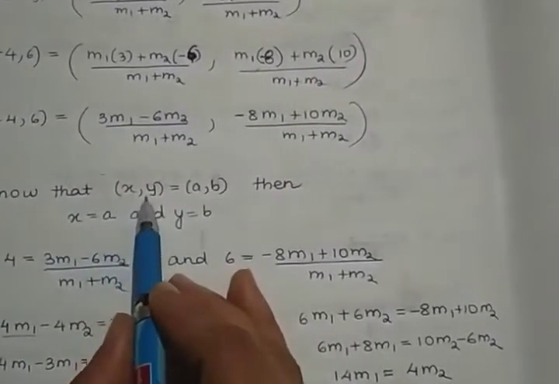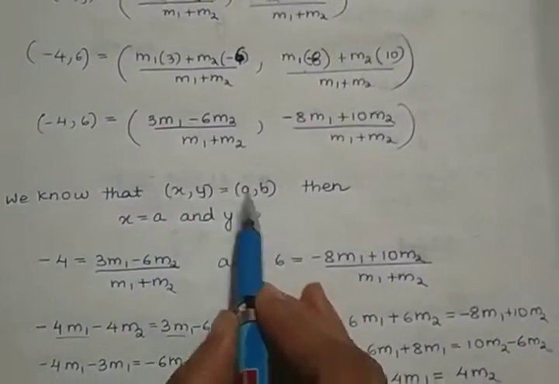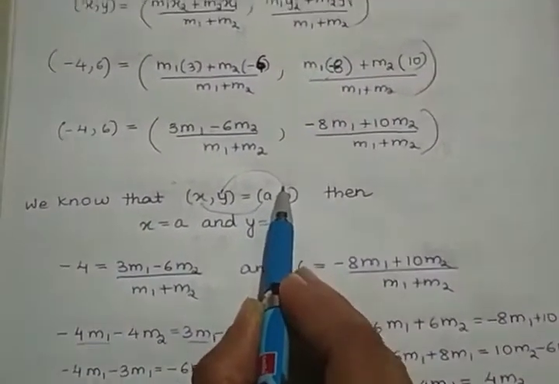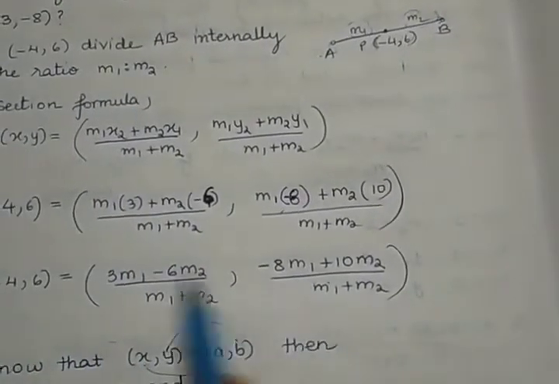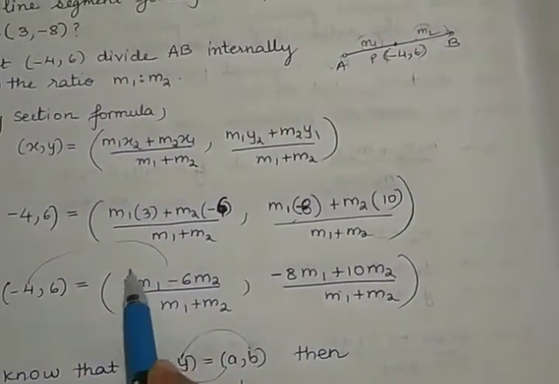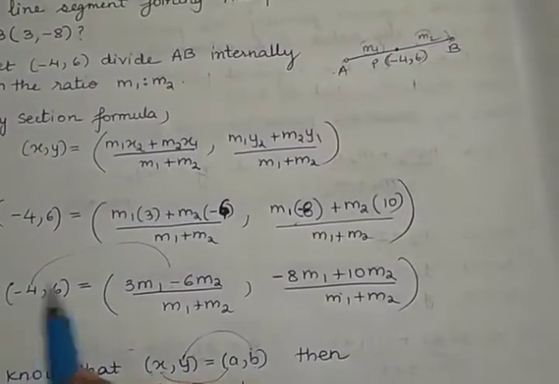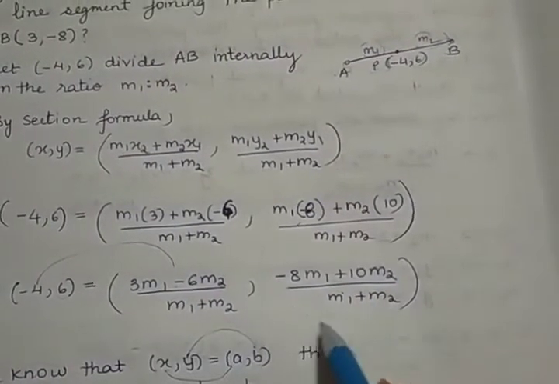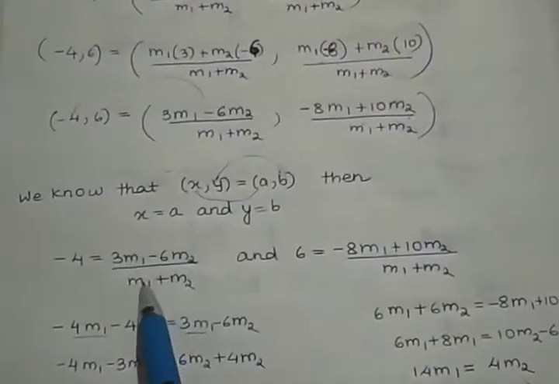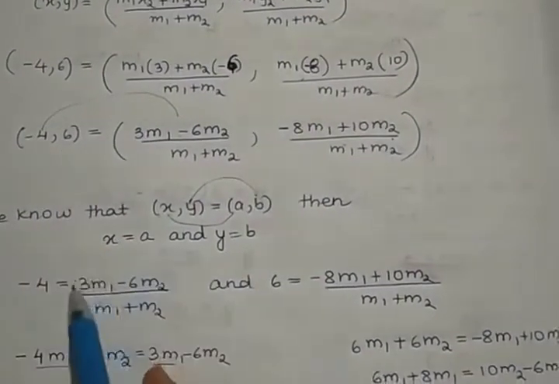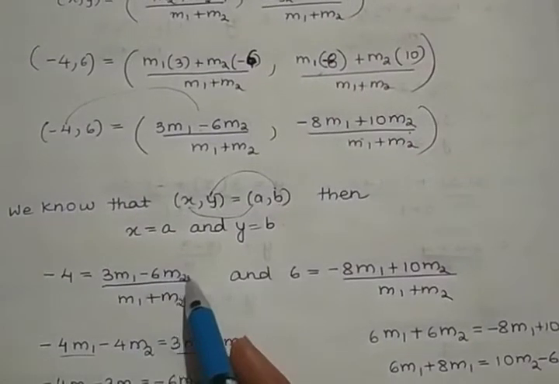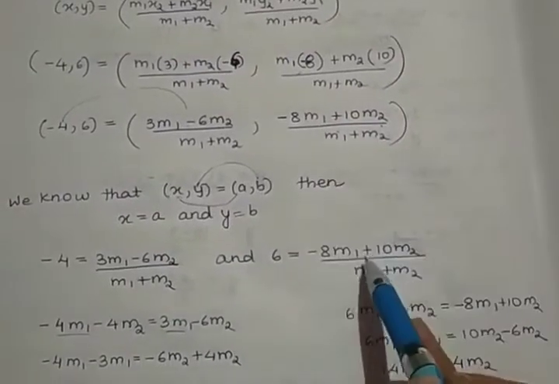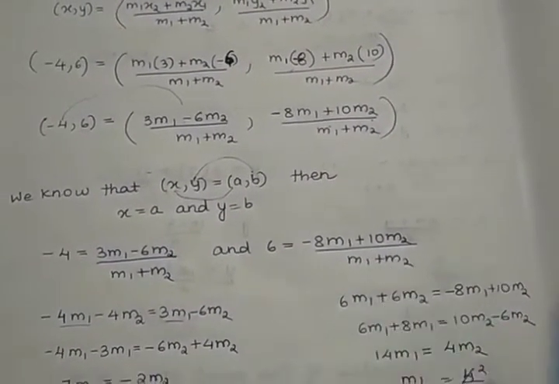Now you know that if (x, y) is equal to (a, b), then x should be equal to a and y should be equal to b. Using the same concept, the x coordinate of this should be equal to the x coordinate of this, and the y coordinate of this should be equal to the y coordinate of this. So equating, we get -4 is equal to (3m1 - 6m2) upon (m1 + m2), and 6 is equal to (-8m1 + 10m2) upon (m1 + m2).